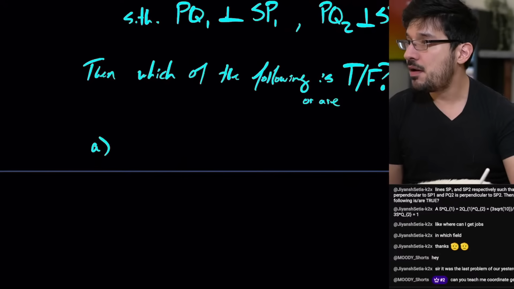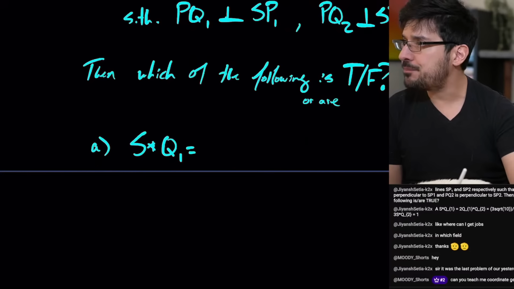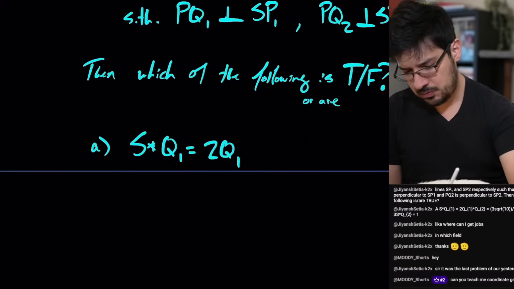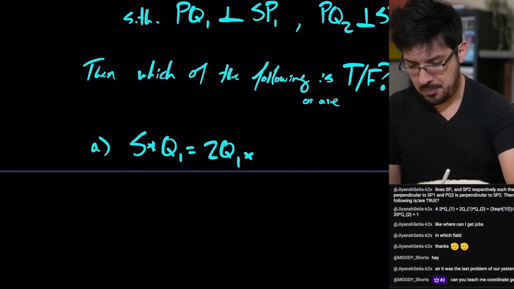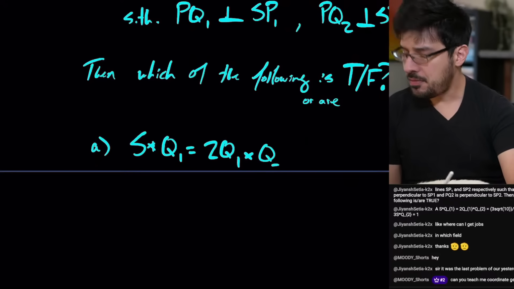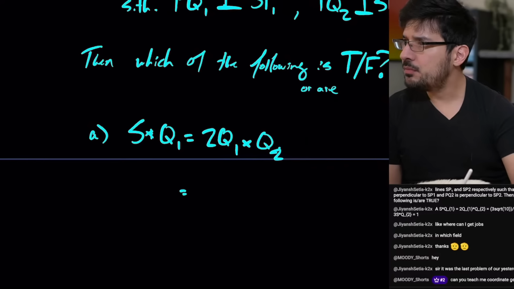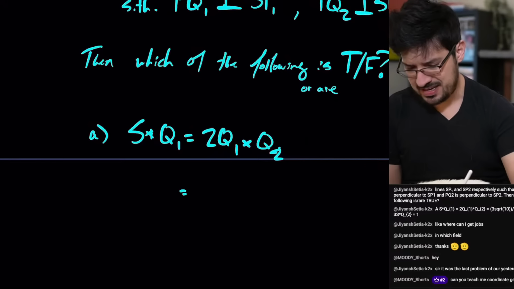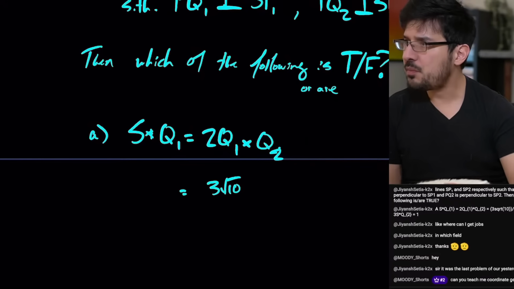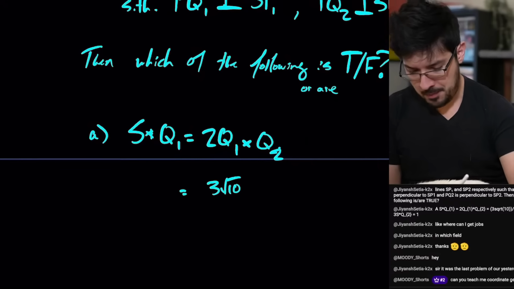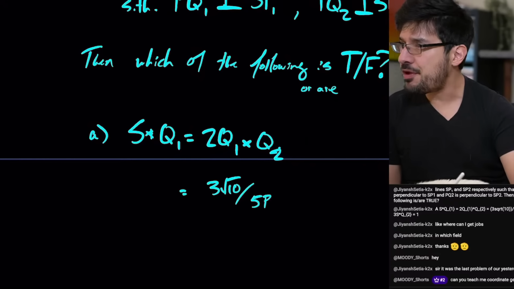A, S, Q1, (3 square root 10) divided by 5p.